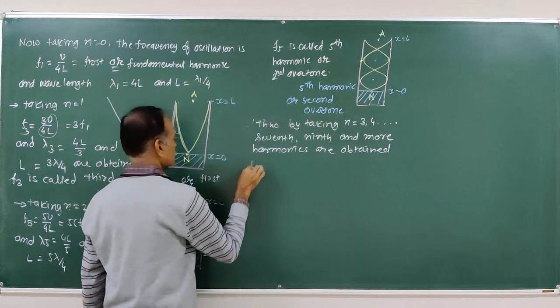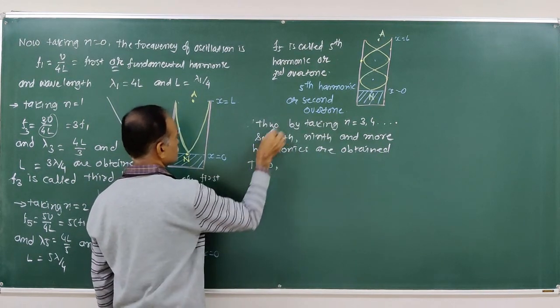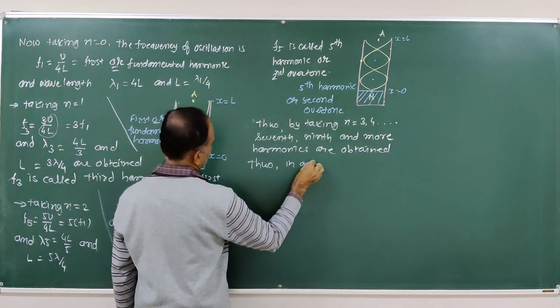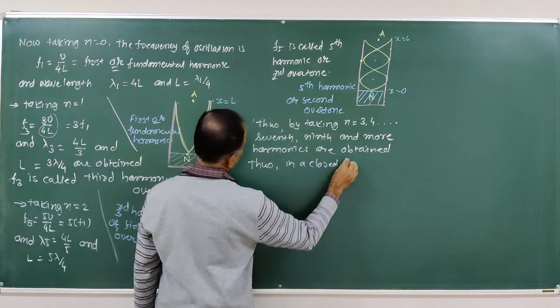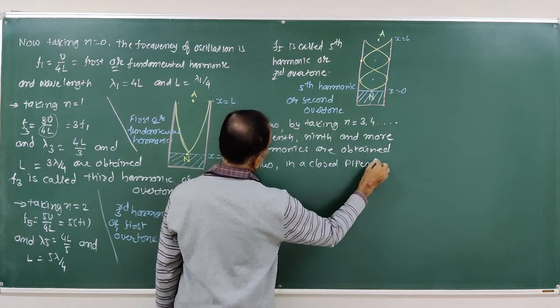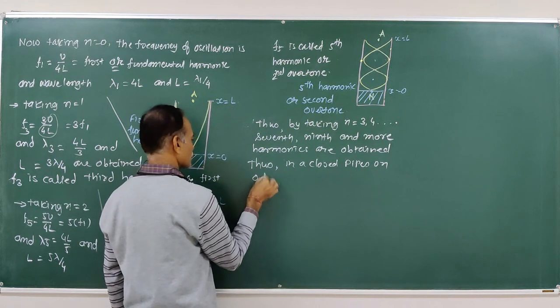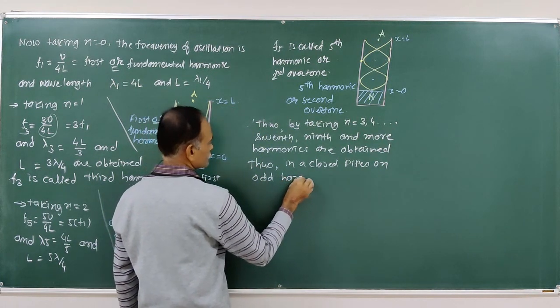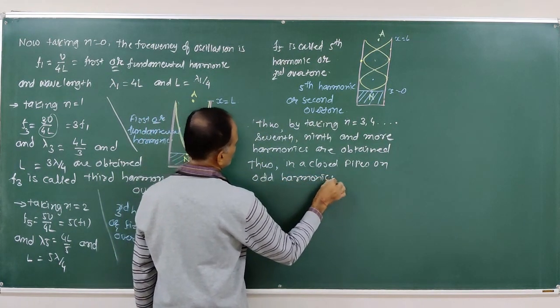Thus, in a closed pipe, only odd harmonics are possible.